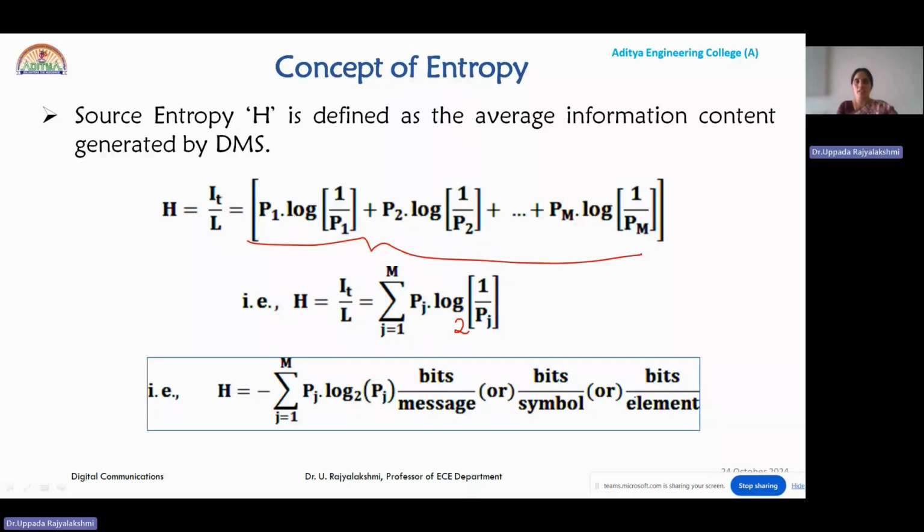Similarly, bits per any element, that may be a sample or a symbol, whatever it may be, the units are bits per element when the base of the logarithm is 2. So finally, the expression for entropy is H equal to minus summation j equal to 1 to m of p suffix j log p suffix j base 2, where p suffix j is the probability of the respective message.